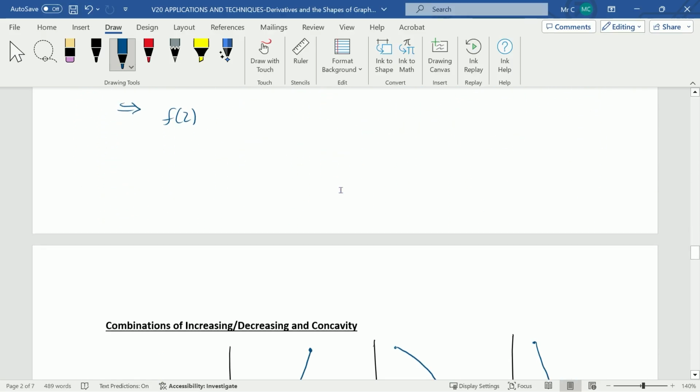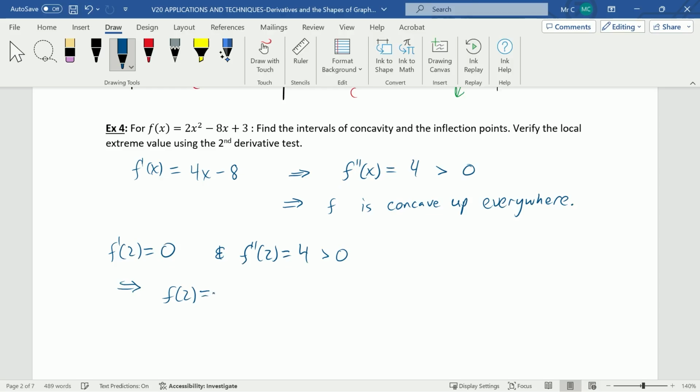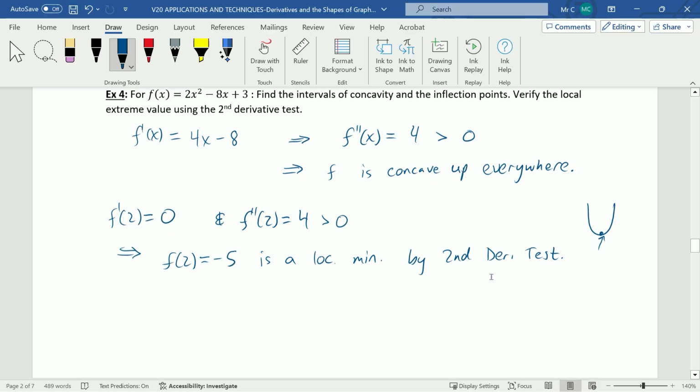Negative 5 here is a local minimum by the second derivative test. And again, the first derivative is 0, the second derivative is positive. That means it's concave up, and concave up means the point is at the bottom of that cup, so it's a local minimum.